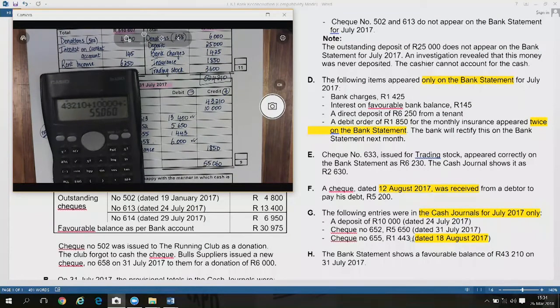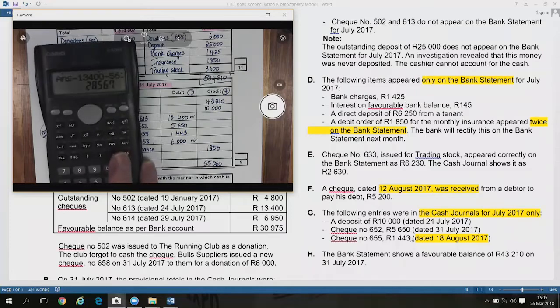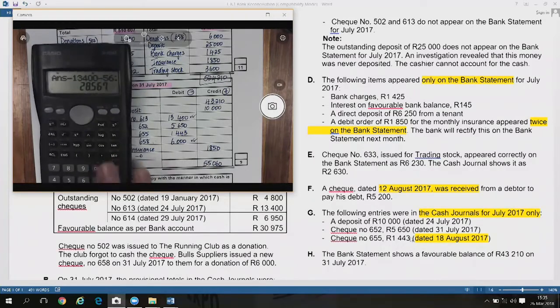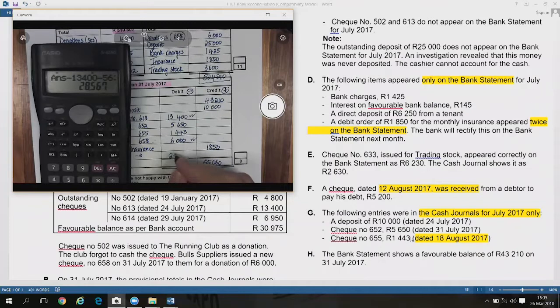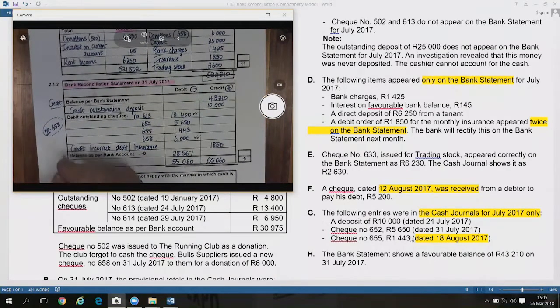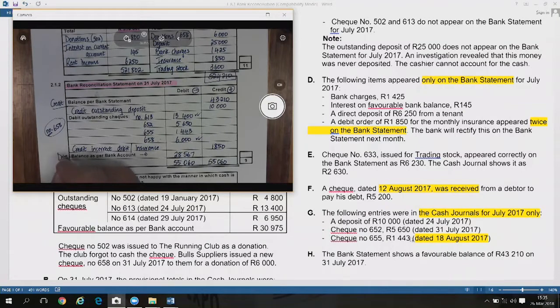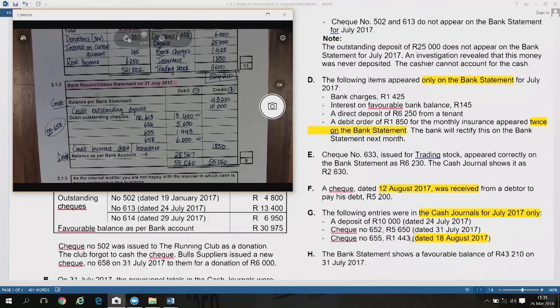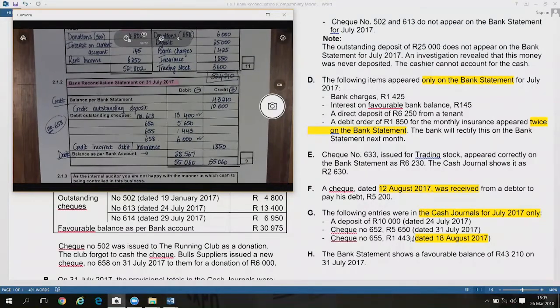Then you go to the debit side, you minus the 13,400, you minus the 5650, minus 1443, and you minus 6,000, and that gives you 28567, because the 55060 is standing there. Then you say this is a debit balance. I prefer that you say debit and credit. A debit balance as per bank account.